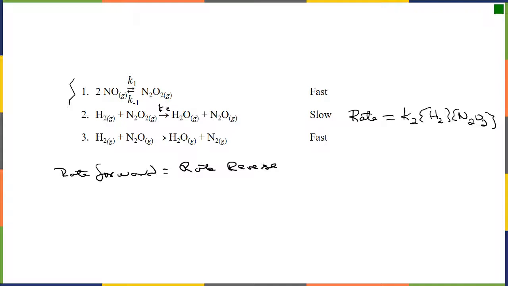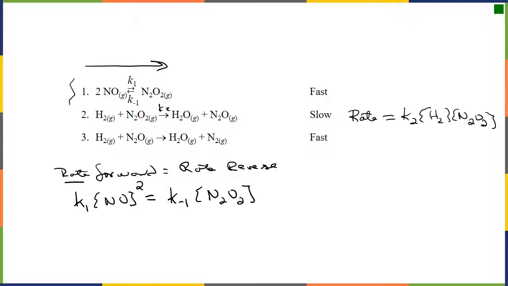And when we do this, we're simply going to find the ks. So the rate forward is this one going in this direction, and that's simply going to be k1, the forward k, multiplied by our concentrations, which is NO squared. There's two NOs, so we have to square that. It is equal to rate reverse, which is k minus 1 multiplied by N2O2. So we have a nice equal sign, which means we can solve something. We're going to solve for the concentration of N2O2. Why?